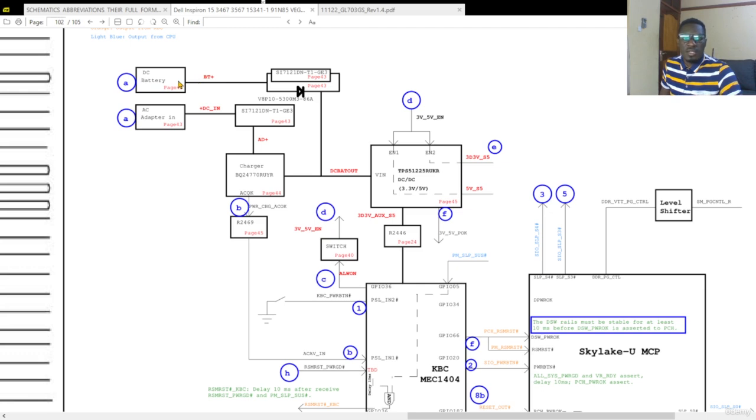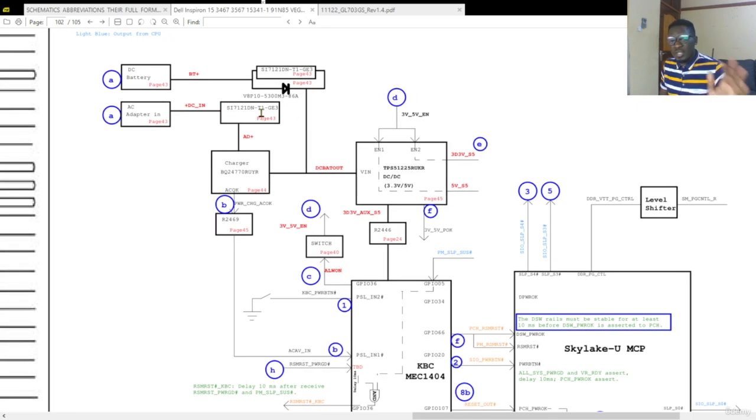The power from the battery is called BT plus and the power from the charger is called DC in. That's the first step. Before the laptop does anything, either of those two should be present. Either there should be a battery or there should be a charger. As you know, a laptop cannot turn on unless either of the two is present.